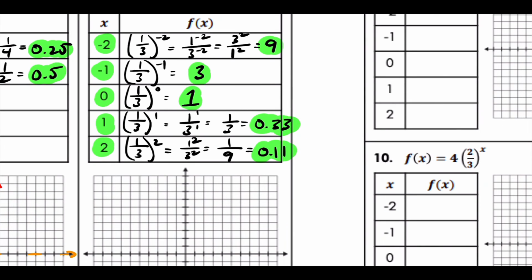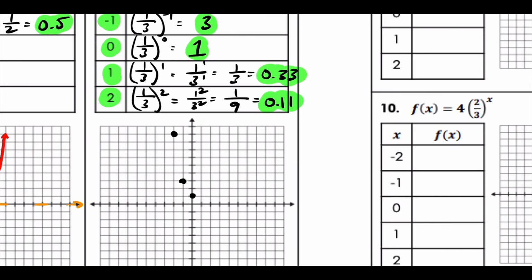Okay, go make 5 dots. Left 2 up 9. Left 1 up 3. Up 1. Right 1 up 0.33.